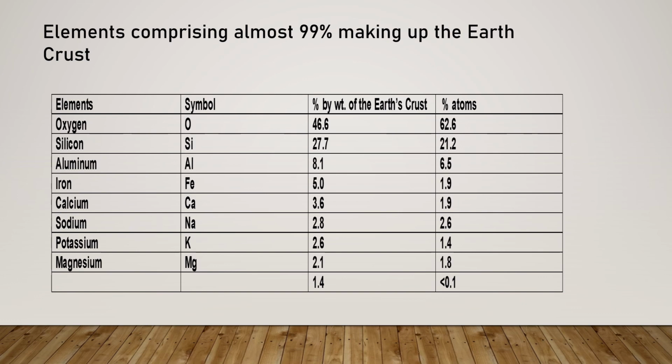Look at the table, because it states their corresponding percentage by weight of the Earth's crust and the percentage of atoms of these elements. Again, this is the list of elements that make up the Earth's crust.